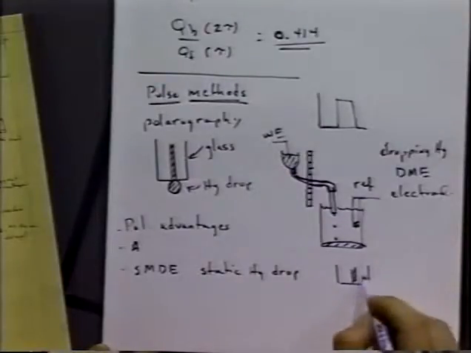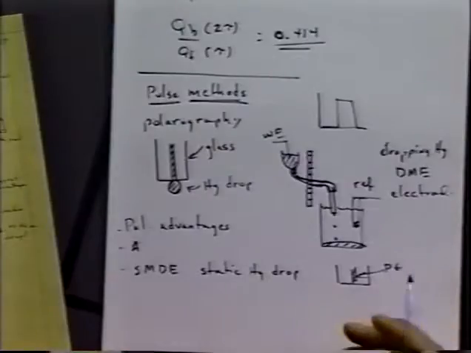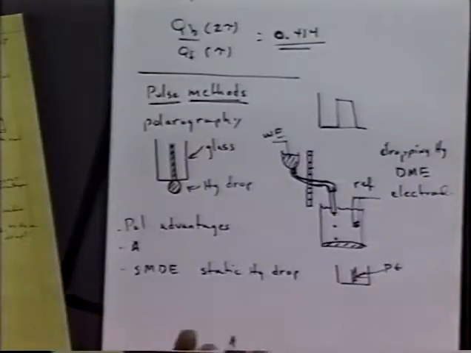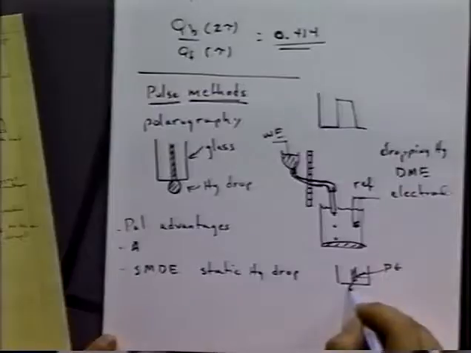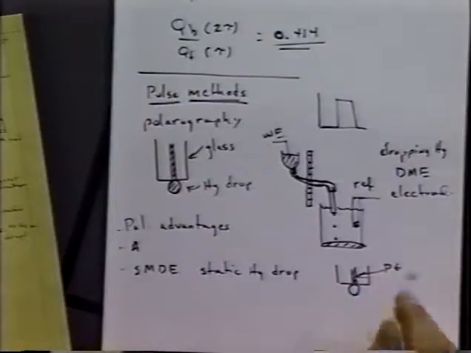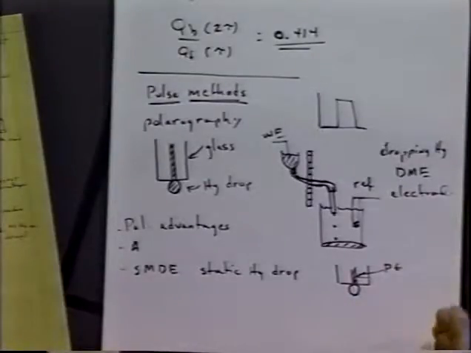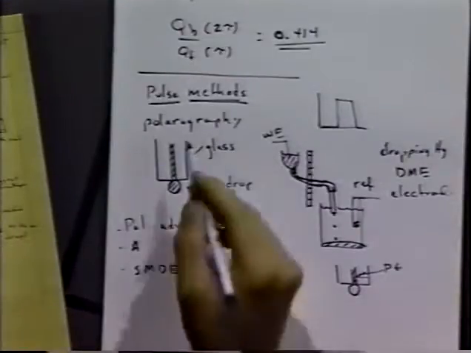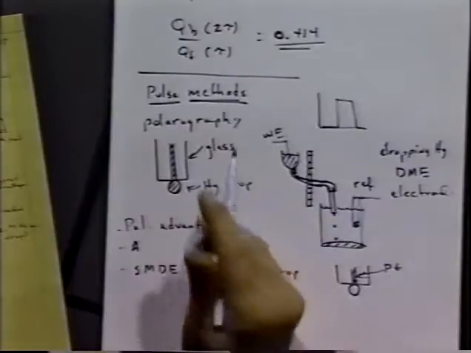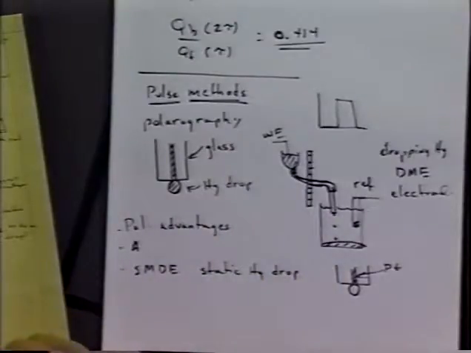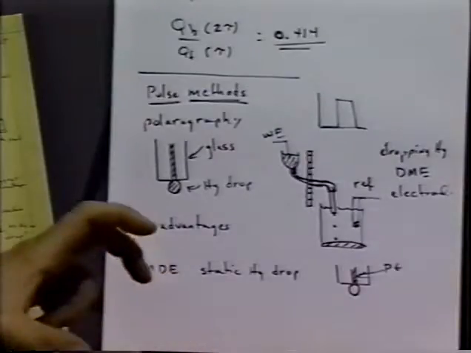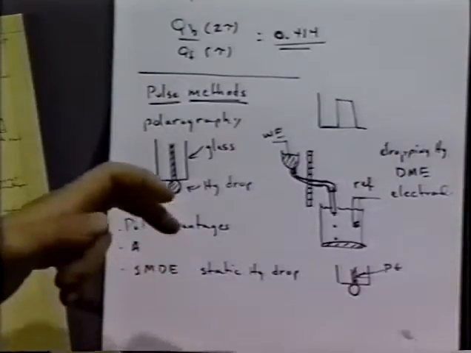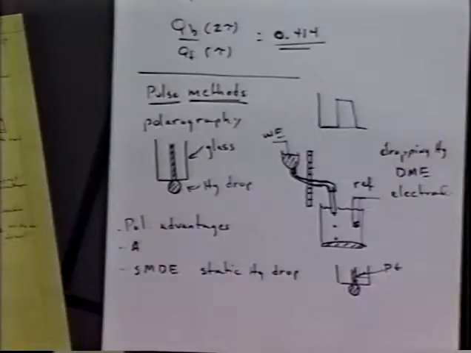Often it's a little platinum wire. Platinum and mercury will amalgamate slightly and have enough adhesion so that you can actually stick a little mercury drop on the end of that platinum. You take a little cup and you can poke it on there, or you can use a little micro syringe to extrude a small drop of mercury. In that case, there's no problem with the mercury drop expanding during the course of the experiment. There's no problem with having it drop off at some particular time.